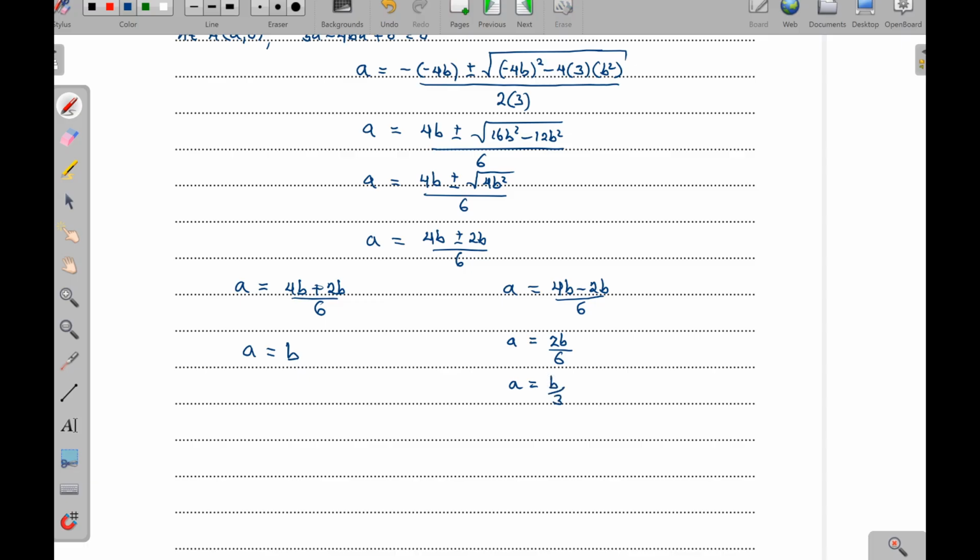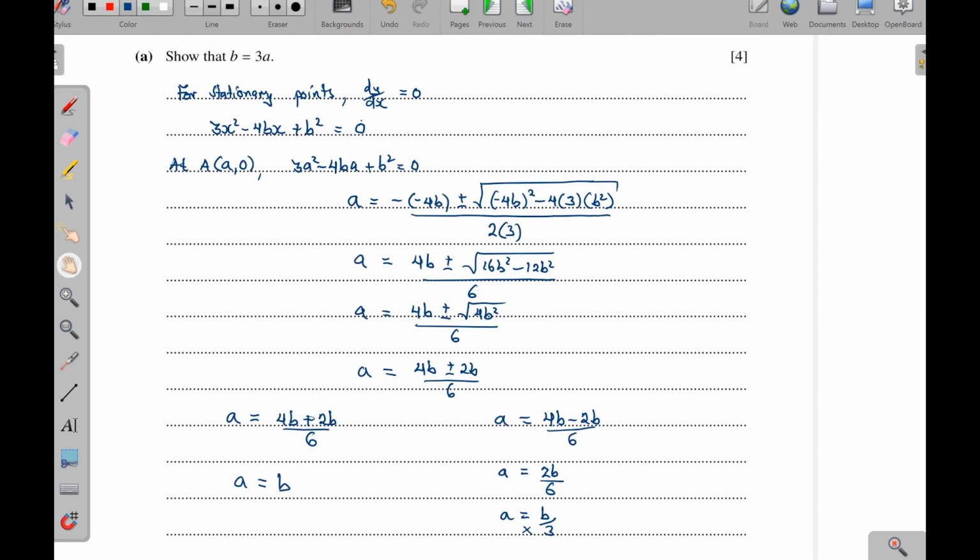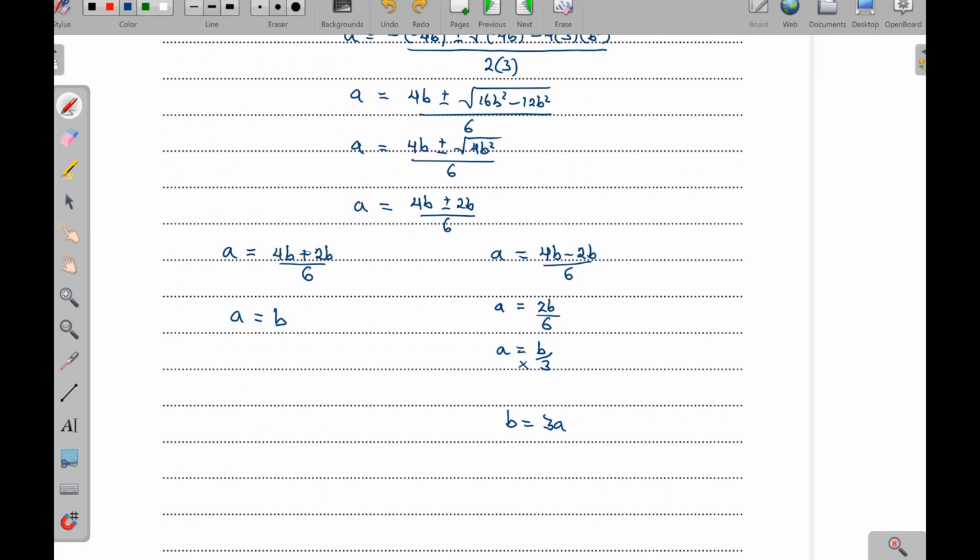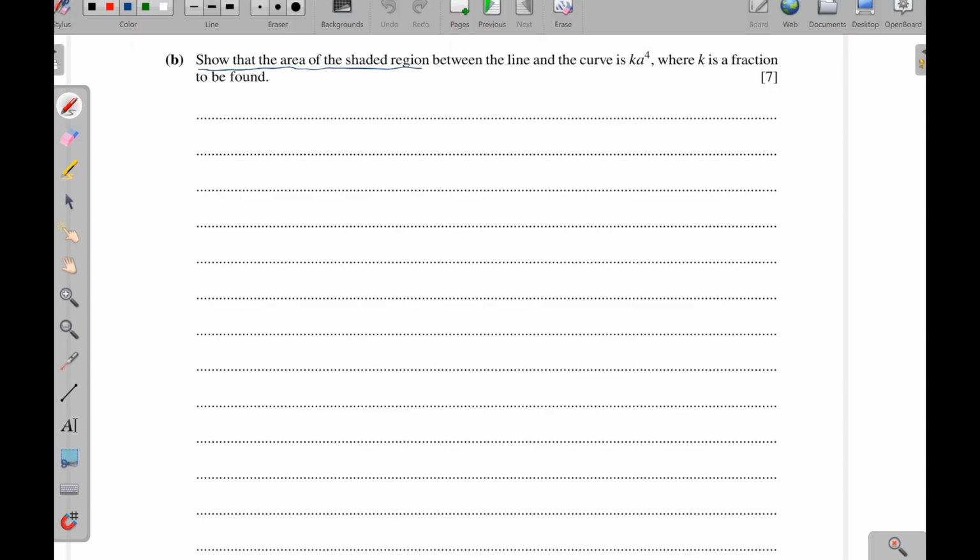Now from here, when I cross multiply, my b will be equal to 3a. And that is what they wanted me to show. So that is that. b is equal to 3a.